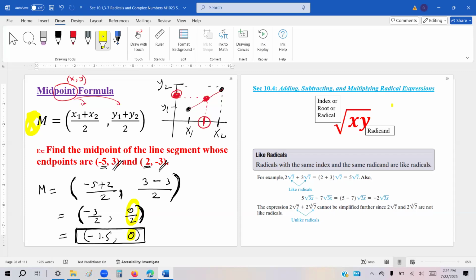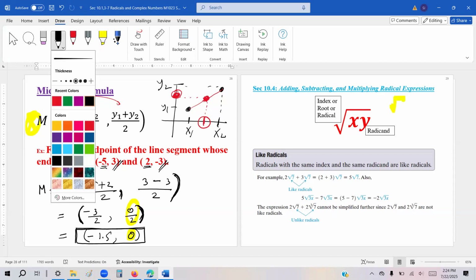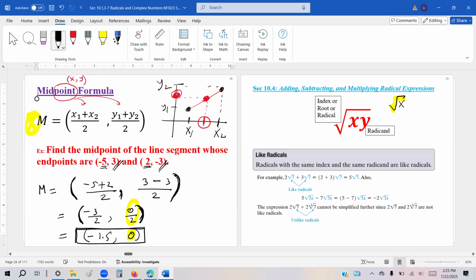For example, if you have square root of x and you're adding some other thing, that thing also has to have a square root of x. So you can add them. Adding is possible here, or subtracting. But if you have square root of x and square root of y, addition or subtraction is not possible. So in order to add and subtract, you have to have the same radical and the same radicand.